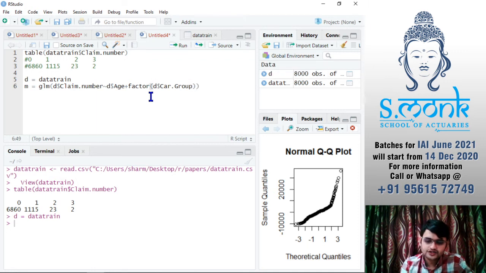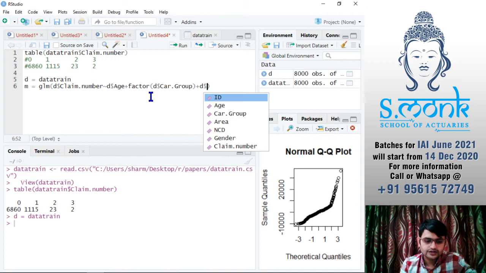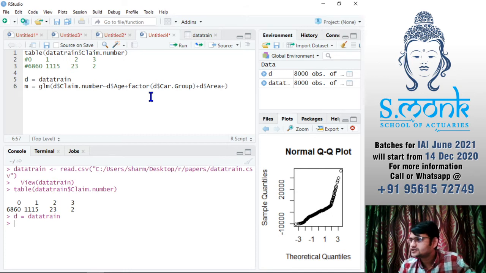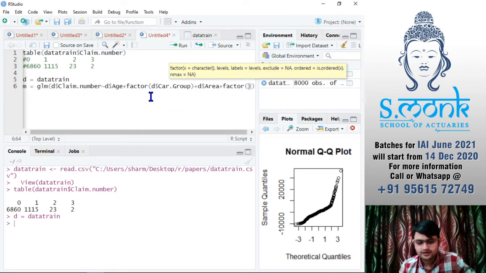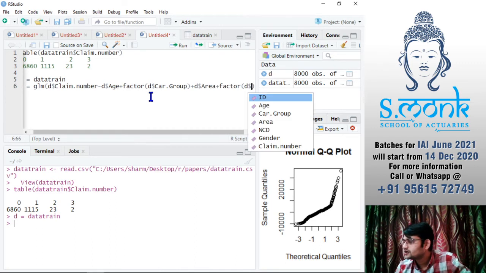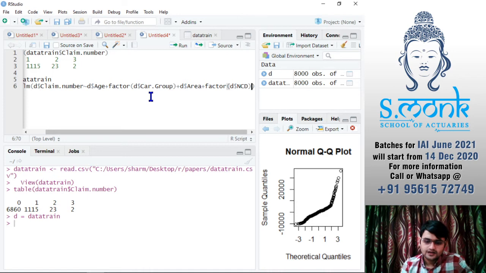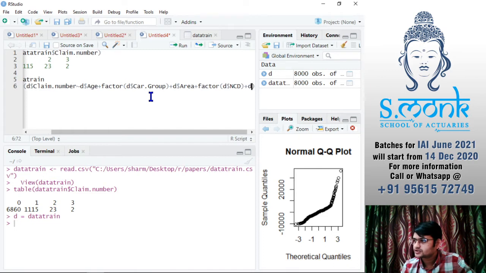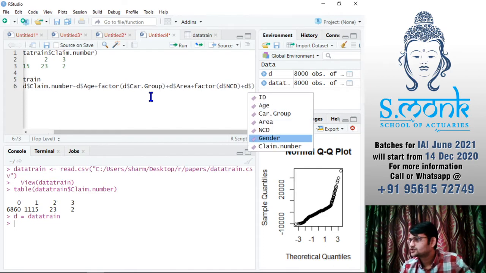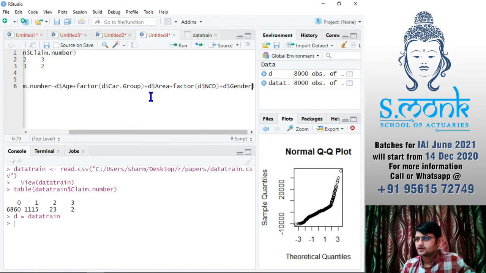Area is already a factor, so I can directly write D dollar area, then plus another factor, D dollar NCD. NCD was also a numerical value that I want to treat as a factor. Then plus gender was already a factor, just write D dollar gender. Okay, so this becomes our formula.